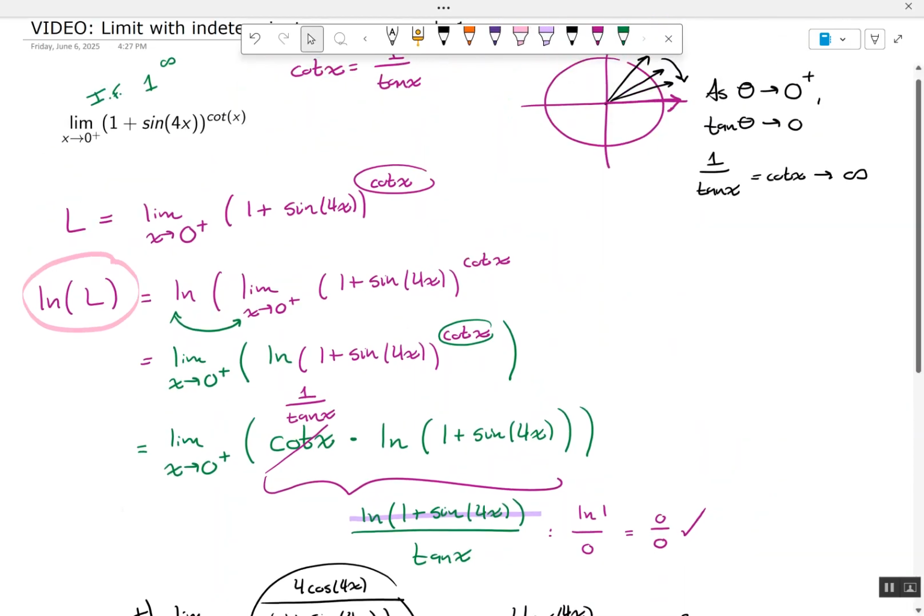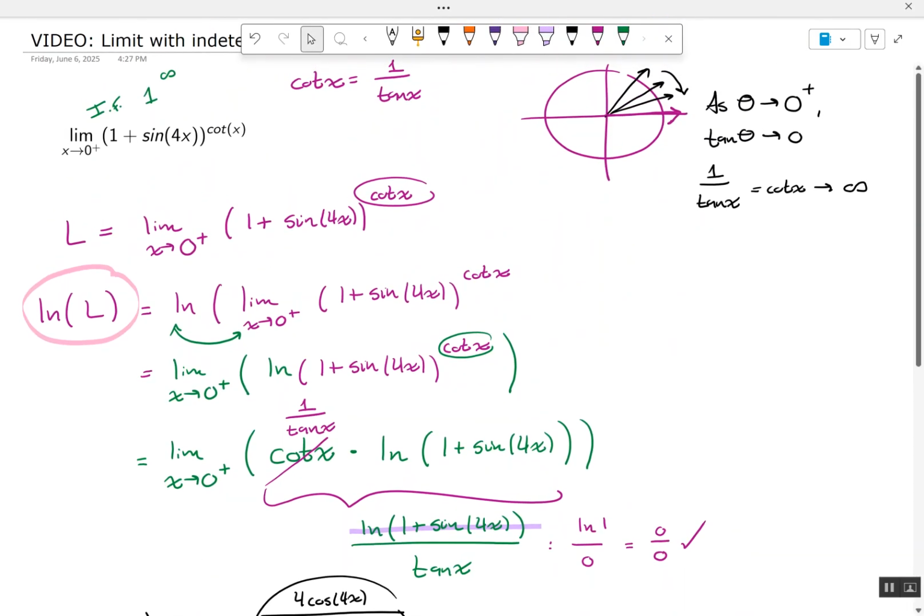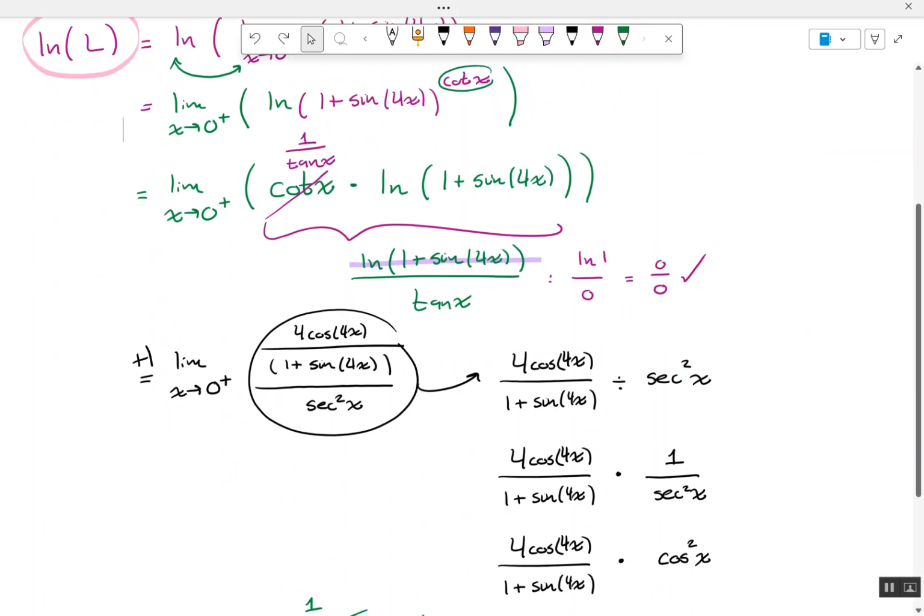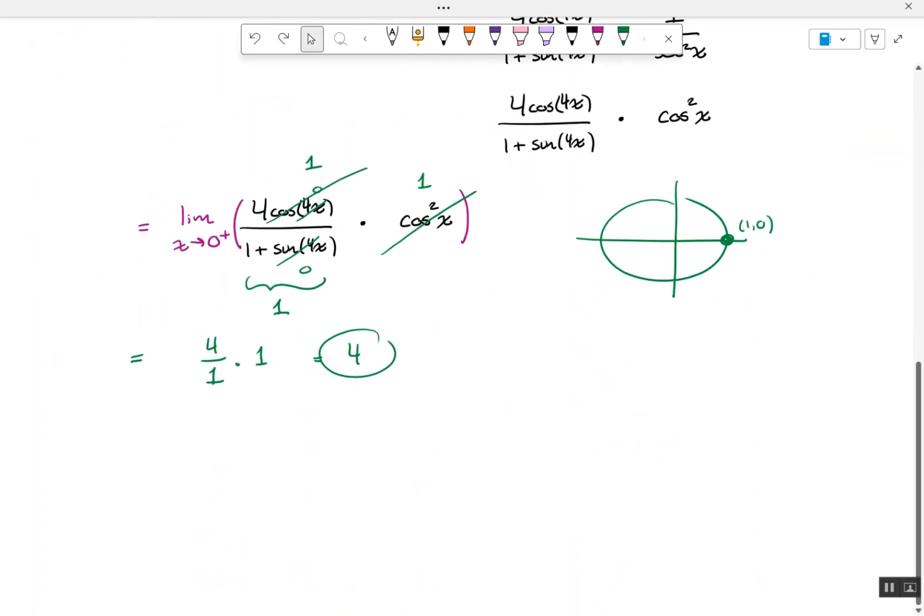And we are not done, because this was equal on the left to natural log of L. Remember, we gave this number a name, we called it L, and then we took the natural log of both sides. So what we know is natural log of L is 4.